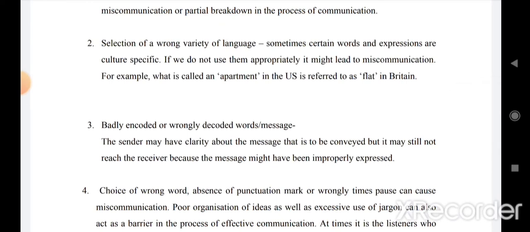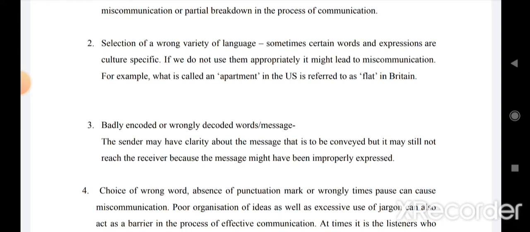So if you're talking to a British person and you want to refer to a flat but you're calling it apartment, that Britisher is not going to be able to understand, right? There are certain terms. Similarly, flat in Britain can refer to an apartment, whereas flats in India can refer to slippers.